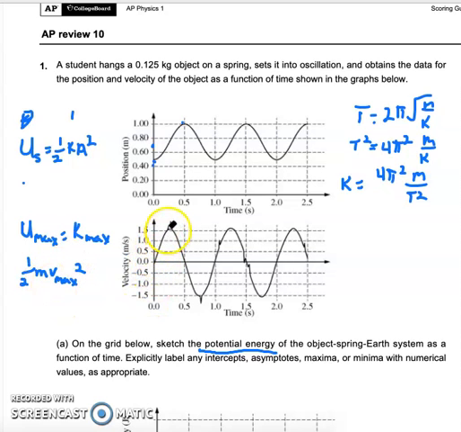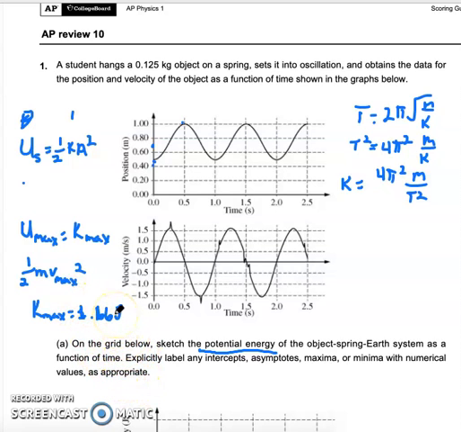We see v max is right around 1.5 meters per second. We have the mass, and if you plug in the numbers, you get a K max of about 0.16 joules.